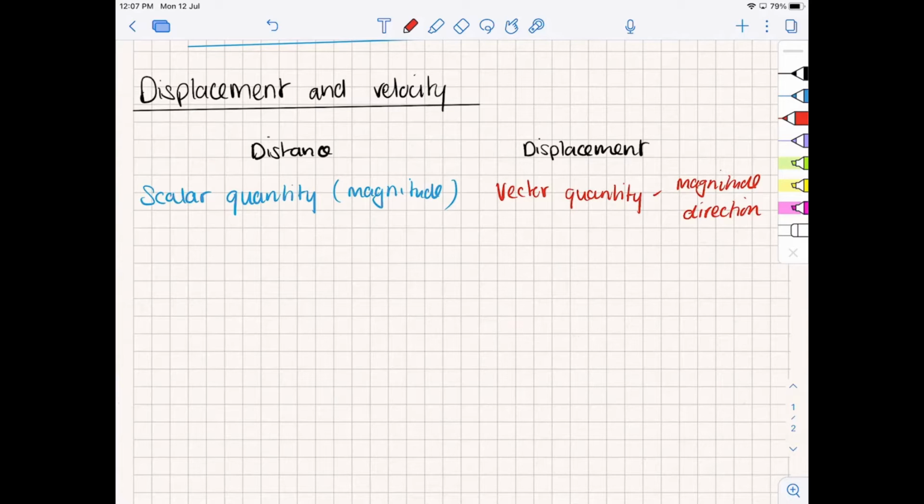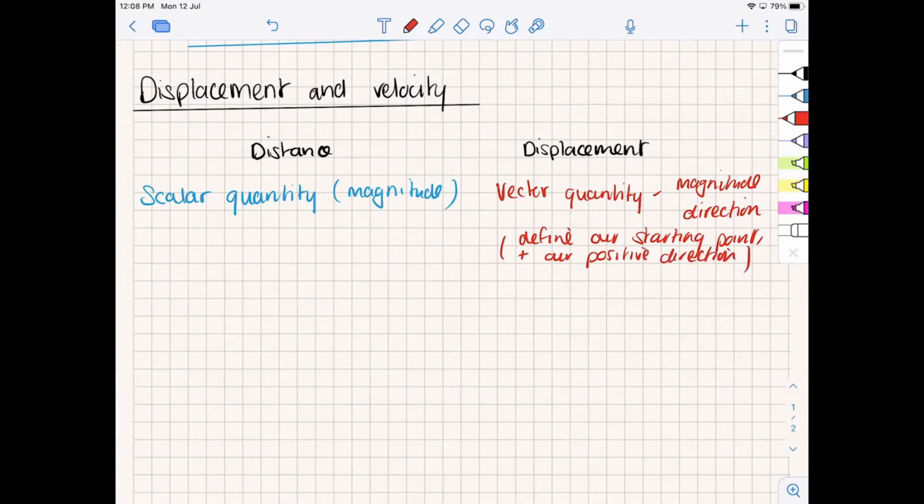In other words, when we talk about displacement, right, we have to define where our starting point is and where our positive direction is going to be. All right, so with displacement, we have to define our starting point and our positive direction.